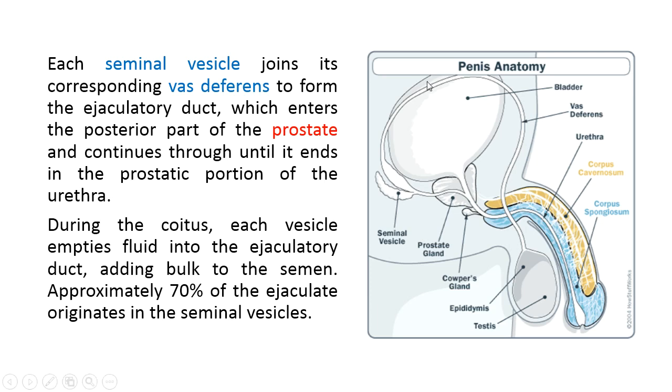As you can see, it will pass through the posterior part of the prostate and continue until it ends in the prostatic portion of the urethra. During coitus, each vesicle empties fluid into the ejaculatory duct, adding bulk to the semen. Approximately 70% of the ejaculate originates in the seminal vesicle.